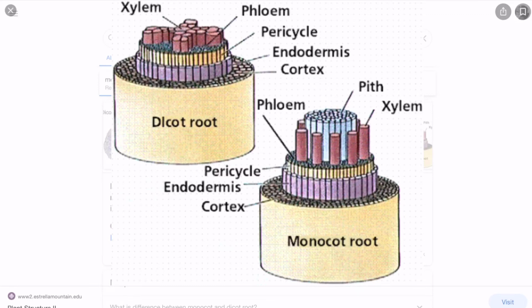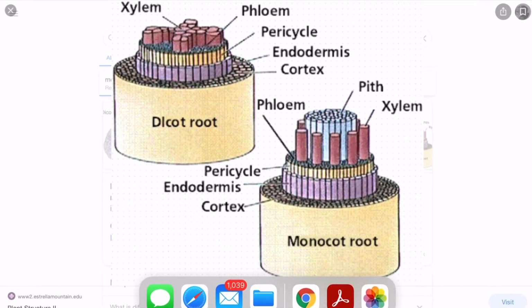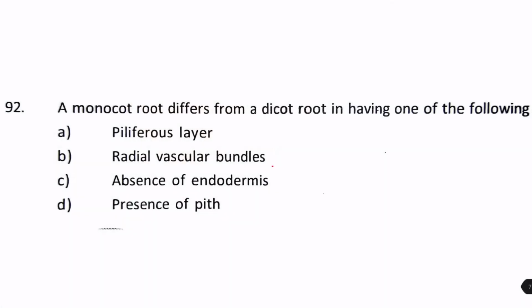But we should not confuse it with the dicot stem and monocot stem, where pith is present in the dicot stem, right? So our answer will be the presence of pith, which is present in the monocot but absent in the dicot root.